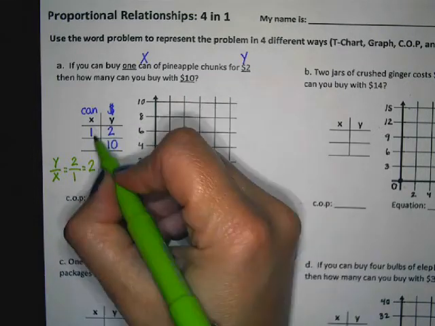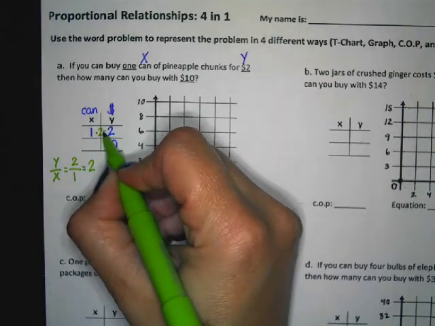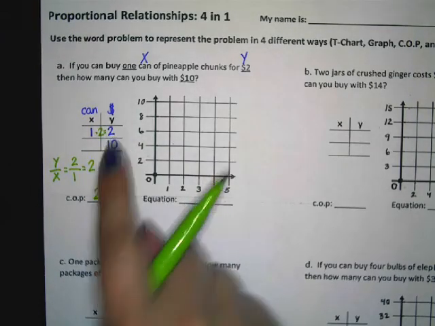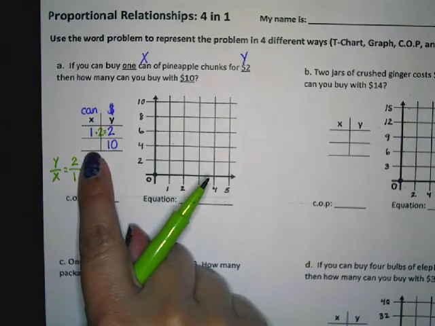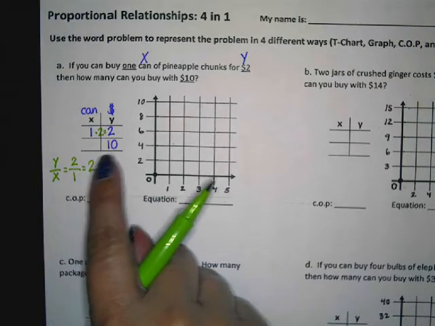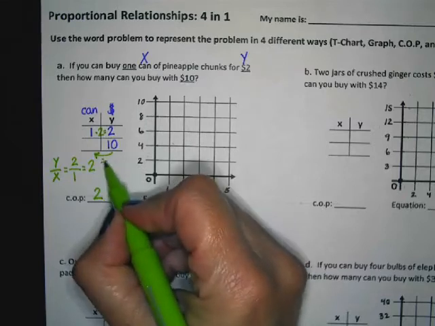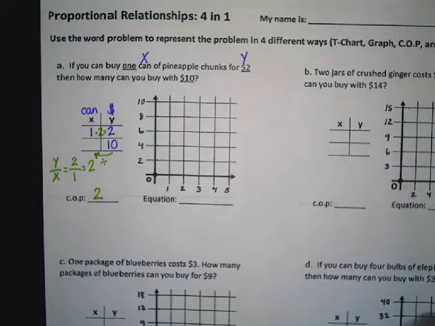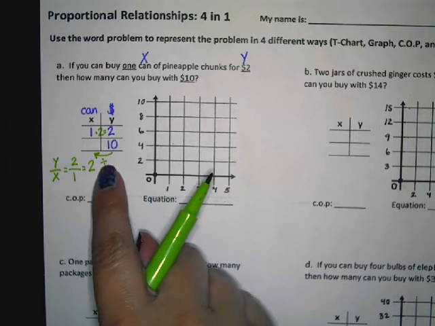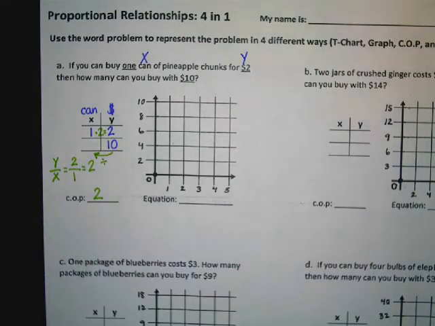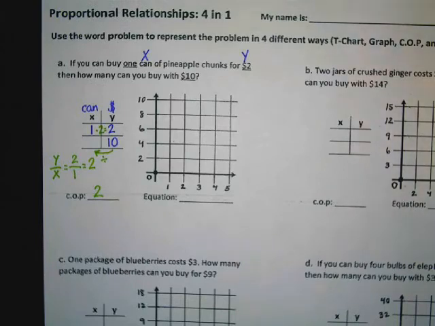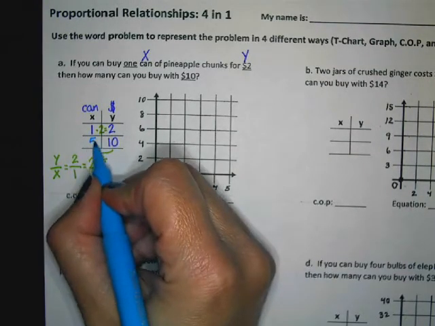So 1 times 2 equals 2. Now we need to know how many cans to buy though. So to go the opposite direction, instead of multiplying, we are going to divide by 2. So 10 divided by our COP, which is 2, gives us 5. So our missing value in our chart is going to be 5.